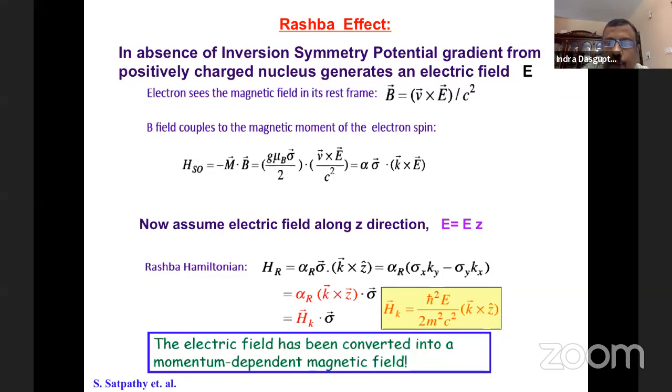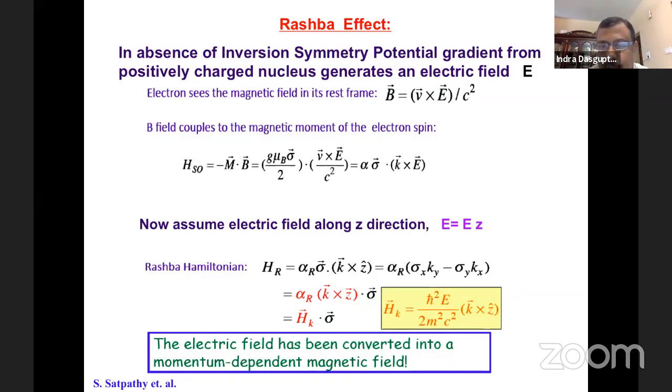In the absence of inversion symmetry, there is, of course, a potential gradient from the positively charged nucleus, which generates an electric field. So if you break inversion symmetry, there is a potential gradient which gives rise to an electric field, or otherwise you can even apply an external electric field. When this is the case, the electron sees a magnetic field in its rest frame.